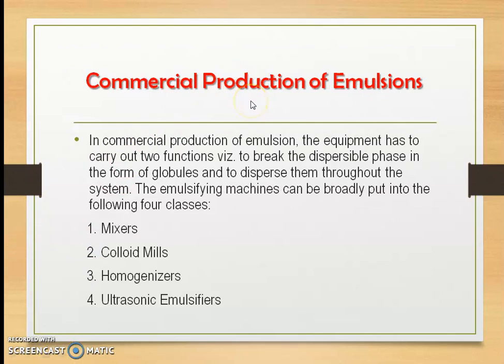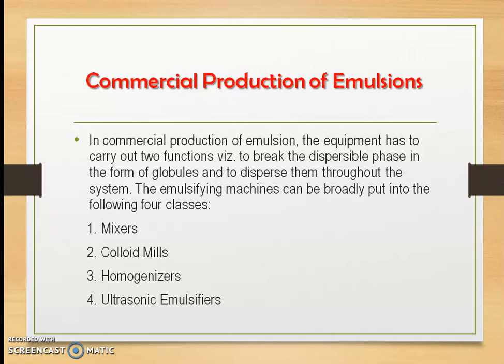Then, commercial production of emulsions. First of all, we should know what an emulsion is. An emulsion is a heterogeneous, biphasic mixture of two phases. One of them is the oil phase and the other is the aqueous phase, which is homogenized by the addition of an emulsifying agent.